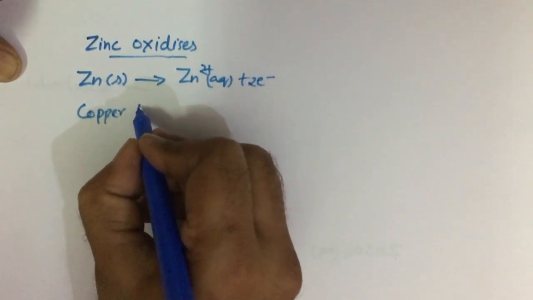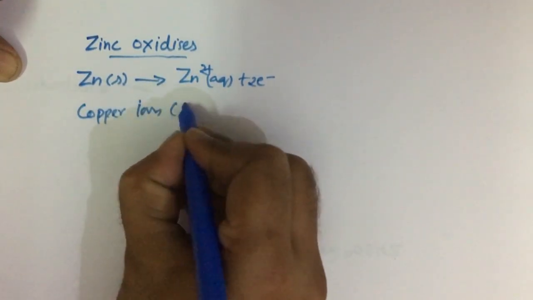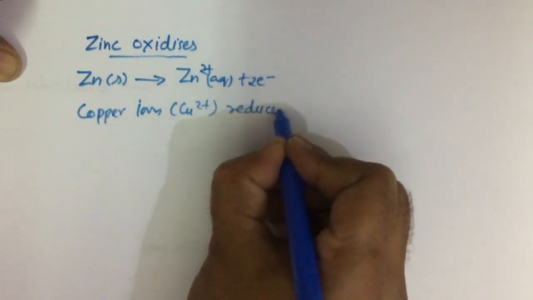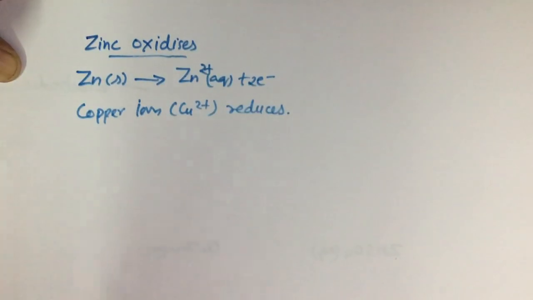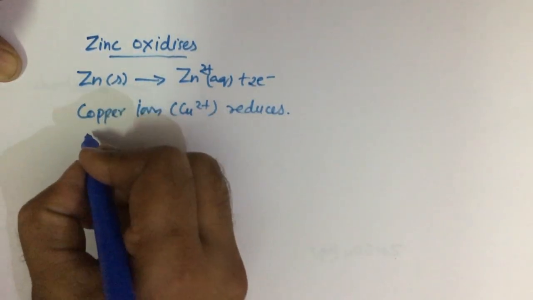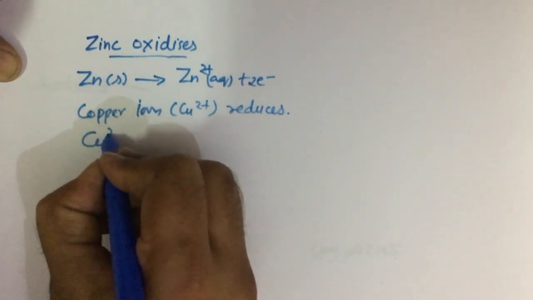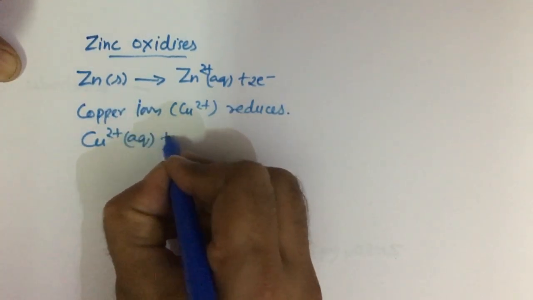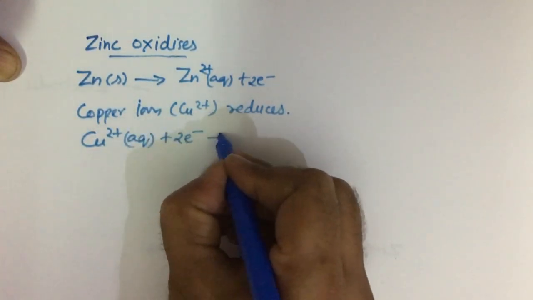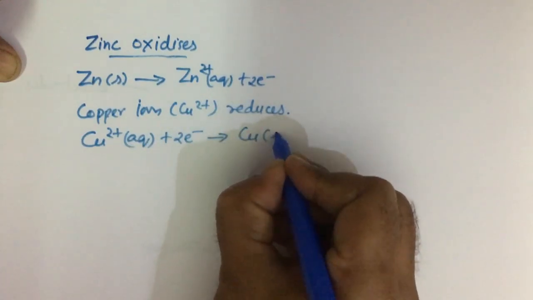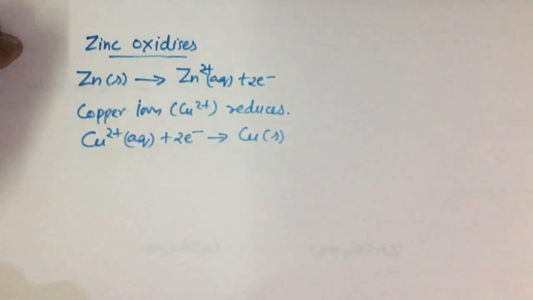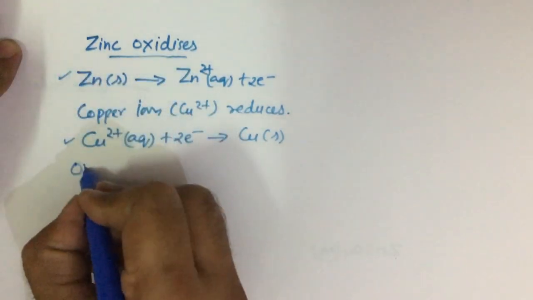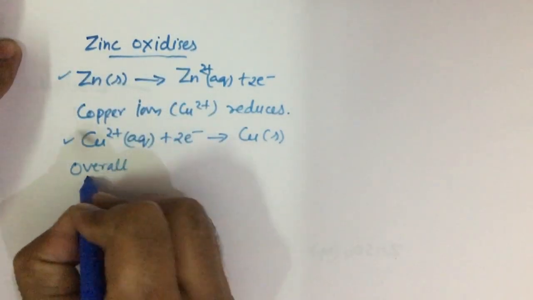So the copper ions, Cu2 positive, reduce. We can write the reaction for reduction: Cu2 positive aqueous takes up 2 electrons and forms Cu solid.